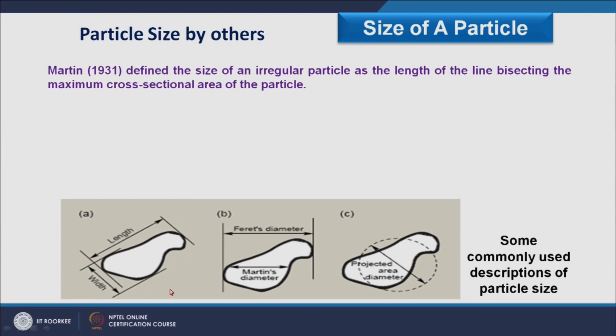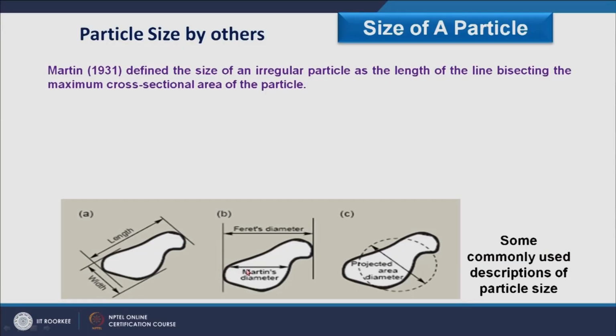So first of all we have to place the particle in such a manner that its maximum cross-sectional area is the projected area. Once I have this, Martin's diameter is that length which divides this complete cross-sectional area into two equal parts. That's why it is described as the line bisecting the maximum cross-sectional area of the particle. So this is Martin's diameter.